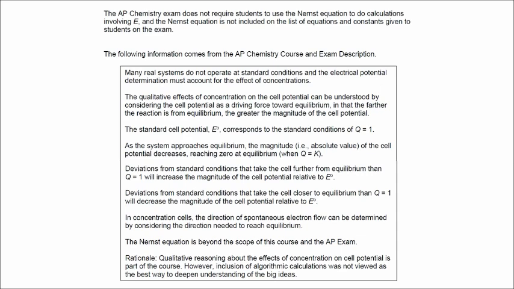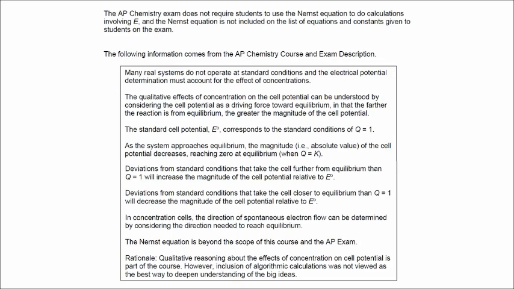The closer you are to equilibrium, the smaller the cell potential will be. The cell potential under standard conditions corresponds to Q equal to 1. But as the system approaches equilibrium, the magnitude, or absolute value, of the cell potential decreases, eventually reaching 0 when Q becomes very large, when Q equals K.